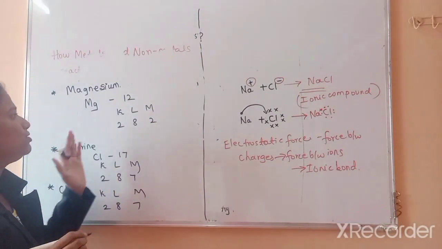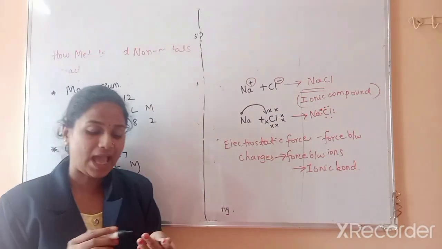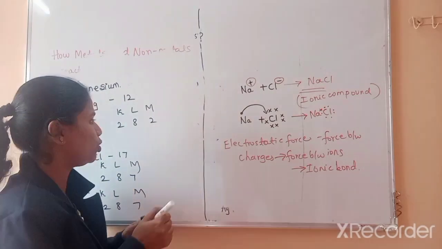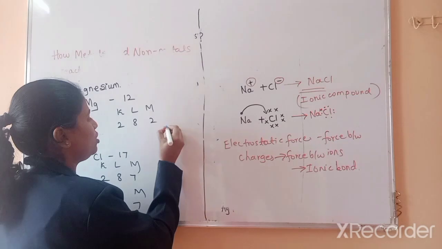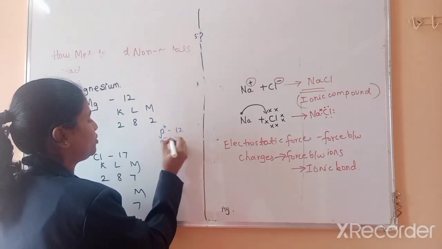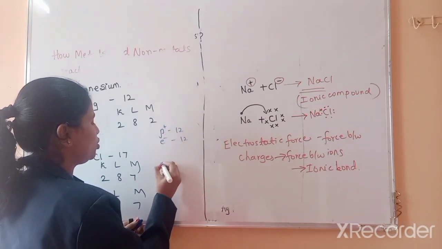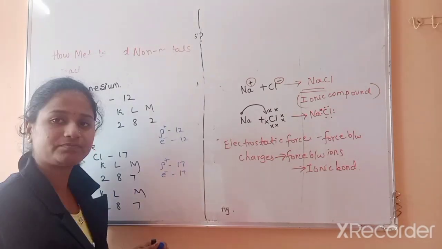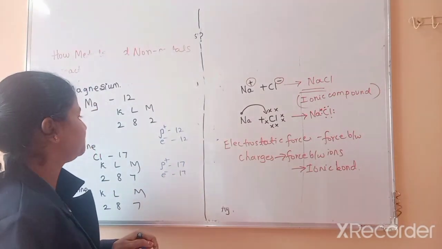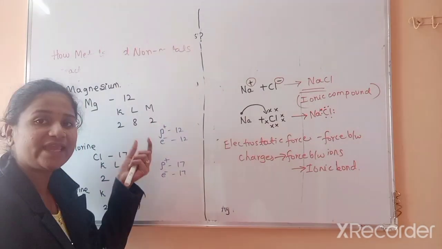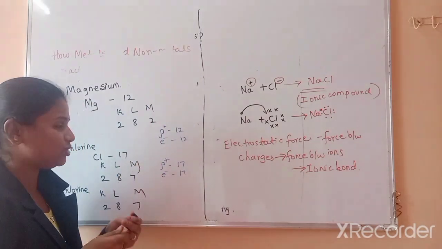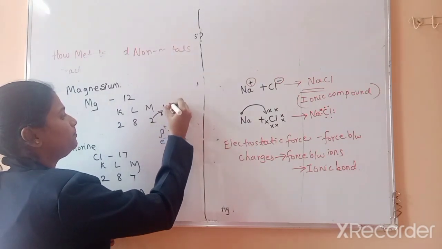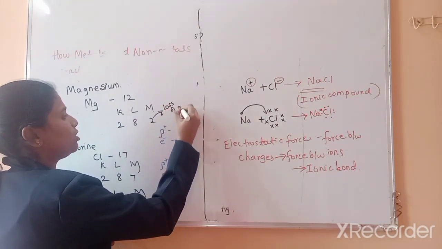Fine. So here, magnesium has 12 electrons and 12 protons. Here chlorine has 17 protons and 17 electrons. To attain a stable octet configuration, magnesium wants to lose 2 electrons.